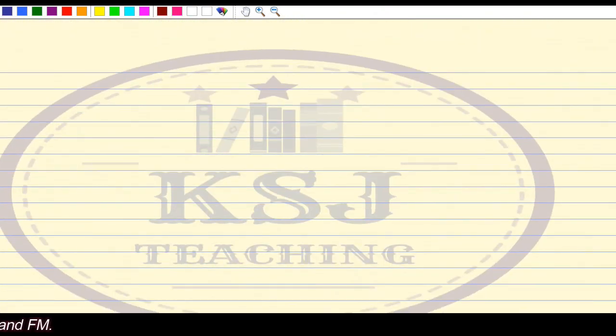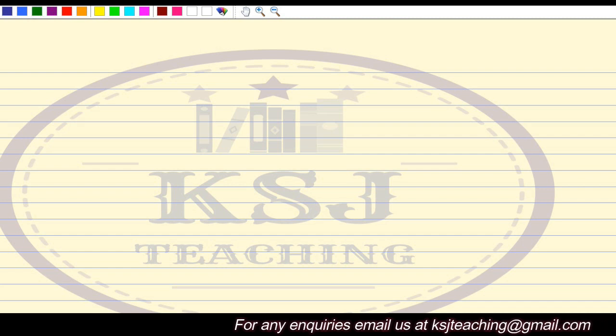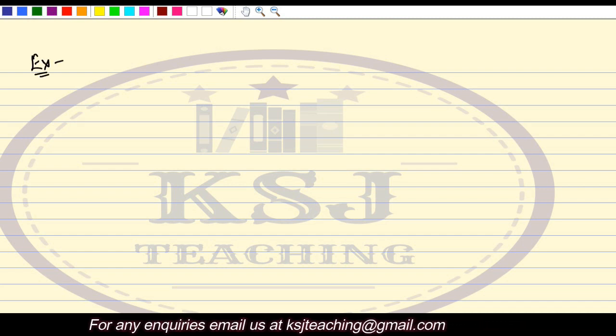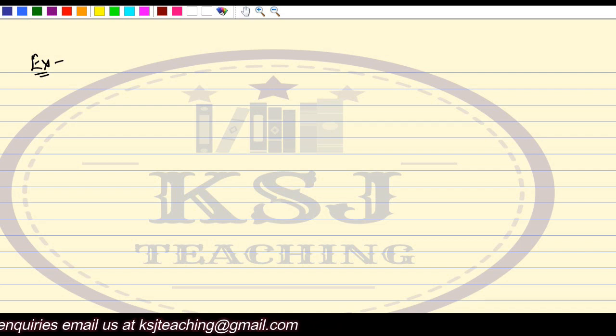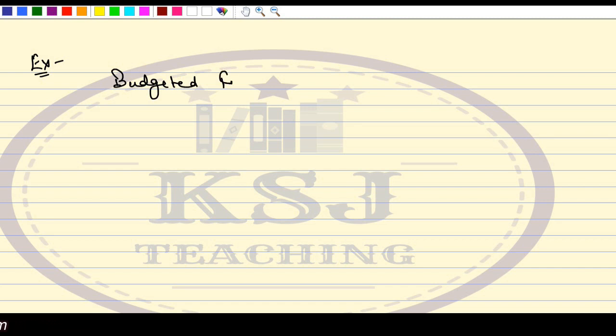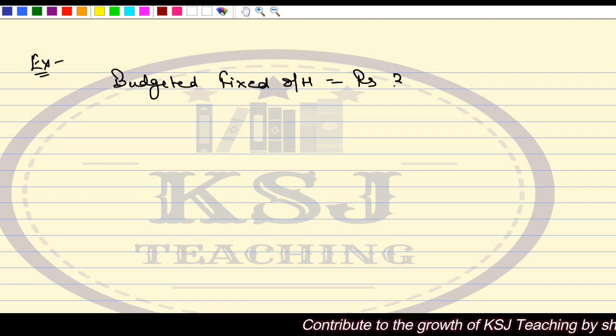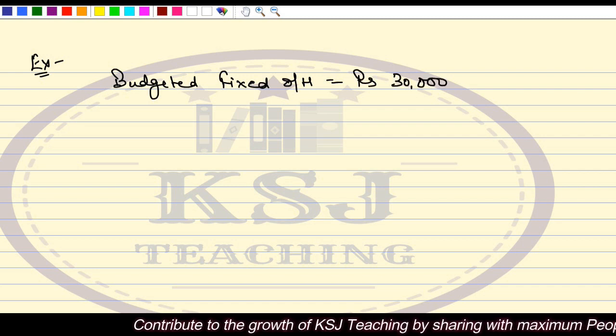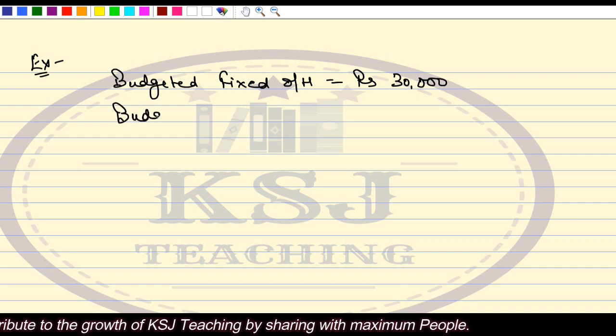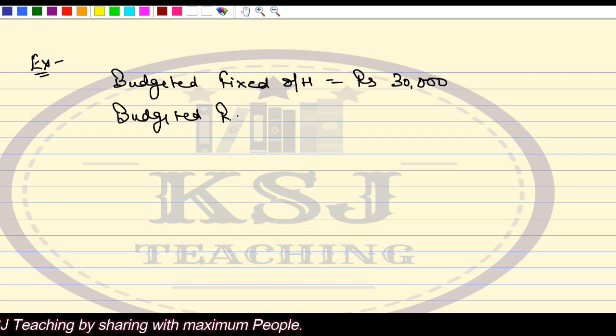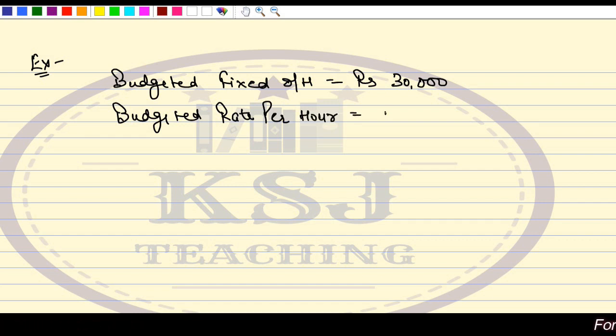Now we are going to solve one example. Let's write down the example first. Budgeted fixed overheads is equal to rupees 30,000. Budgeted rate per hour is equal to rupees 1.